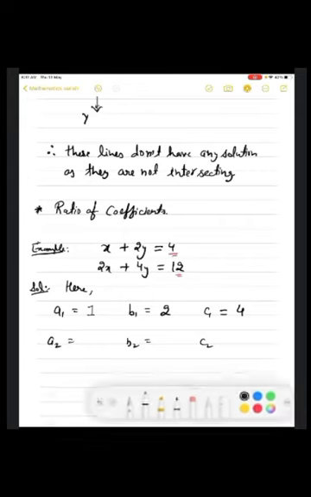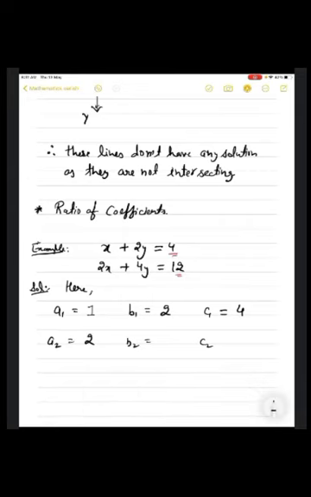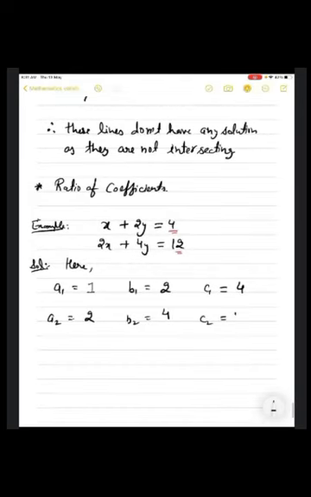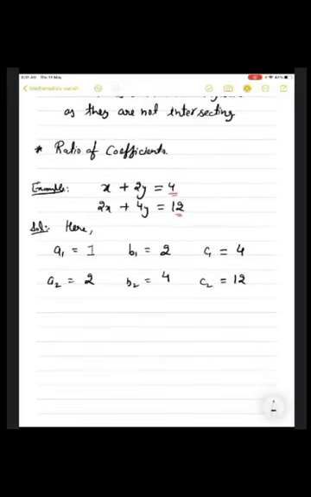So now I have A2 as 2, B2 as 4 and C2 as 12. Now we'll try to compare what is A1 upon A2. A1 upon A2 is equal to 1 by 2.